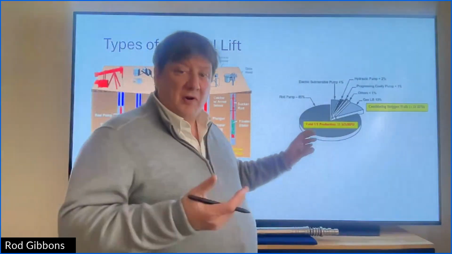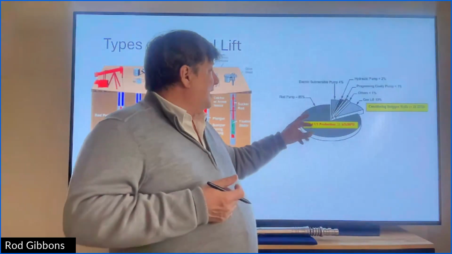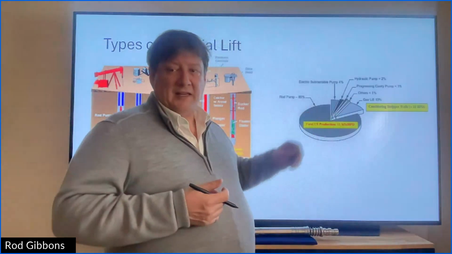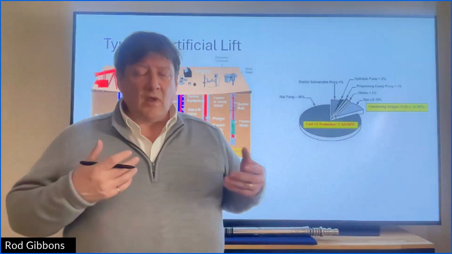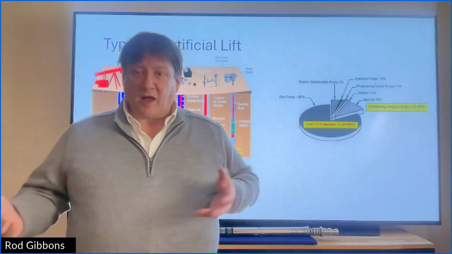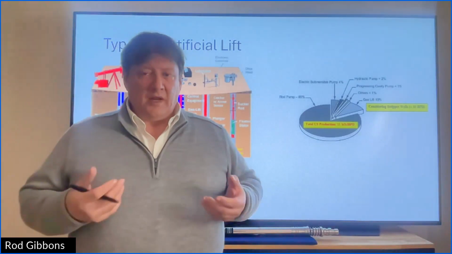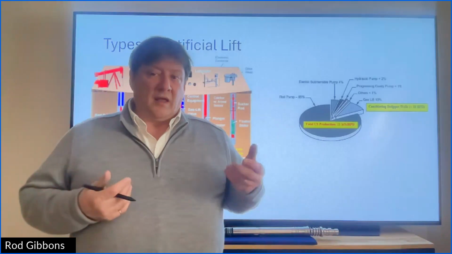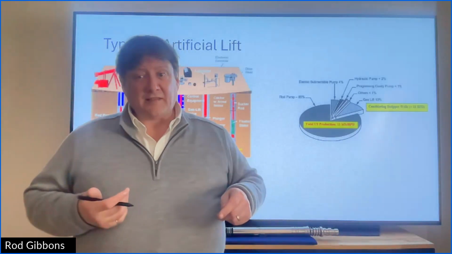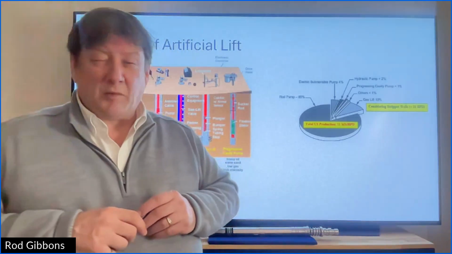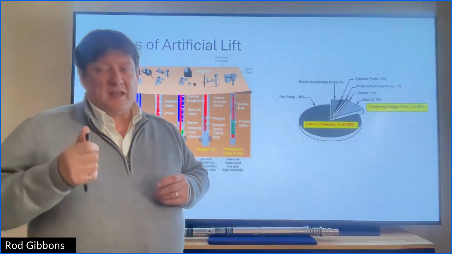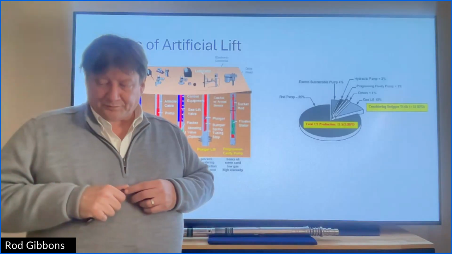This is by number of installations. Having said that, rod pumps are predominantly onshore, and there's a lot more wells onshore. Offshore is definitely dominated by gas lift and ESPs, but I would say the most common offshore lift system is gas lift.